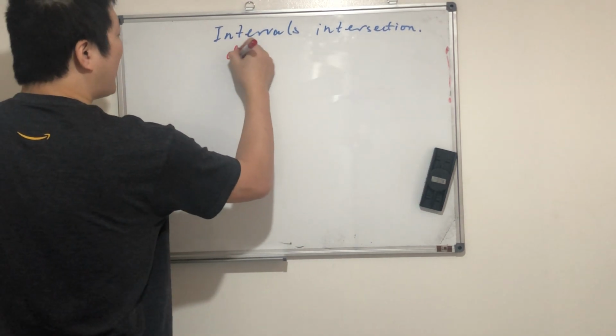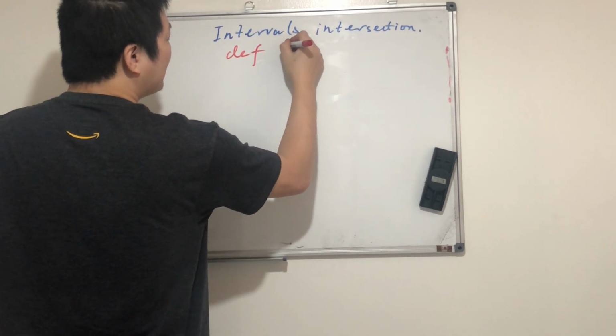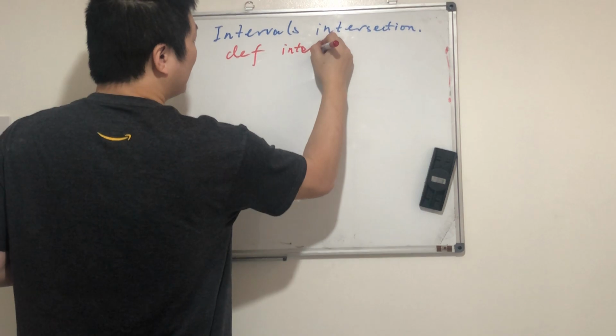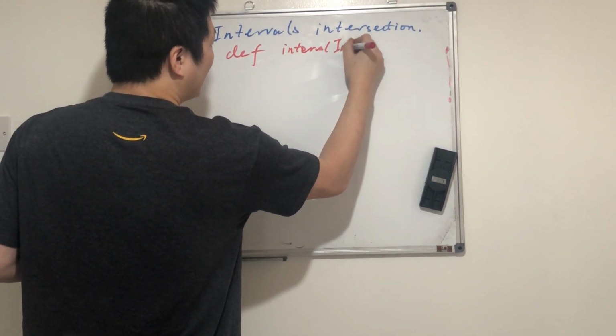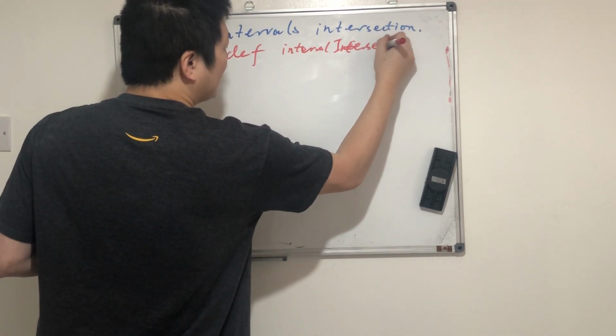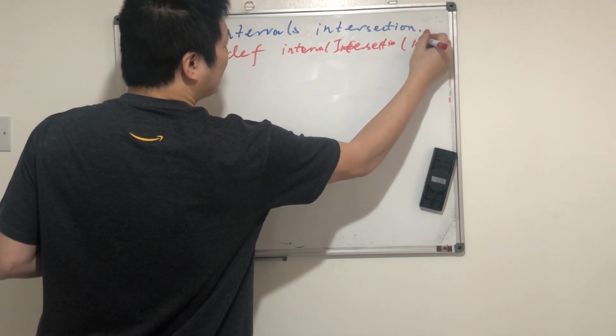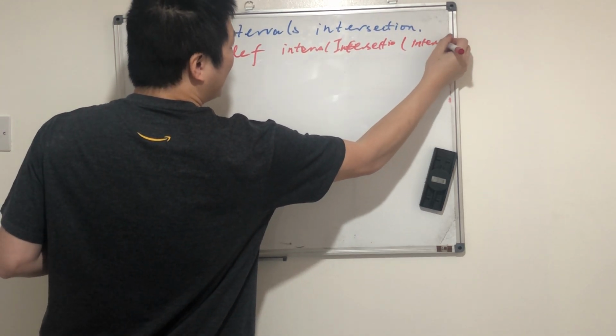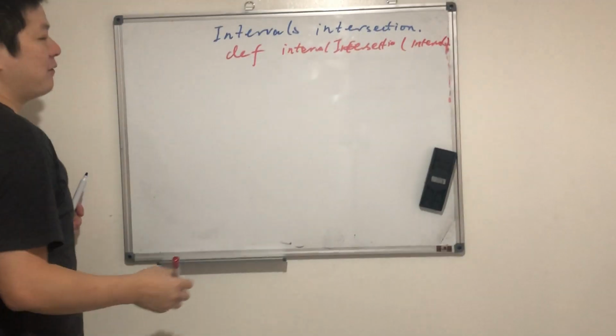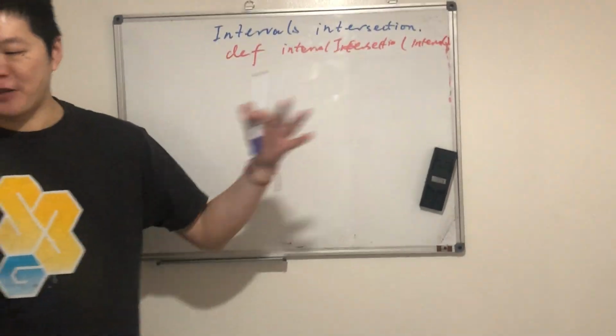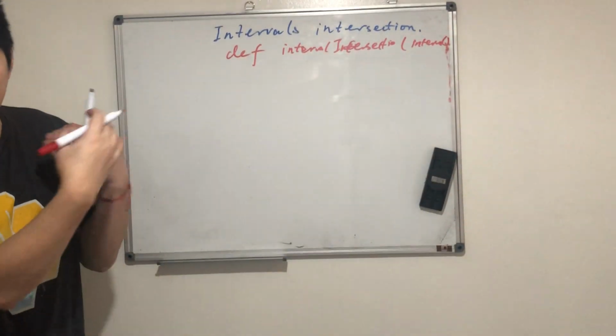Define interval intersection. Now we define the left and right; the result is left and right.